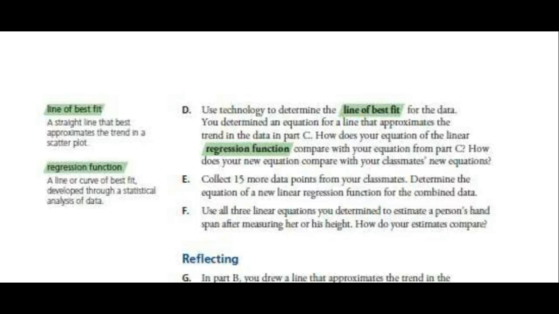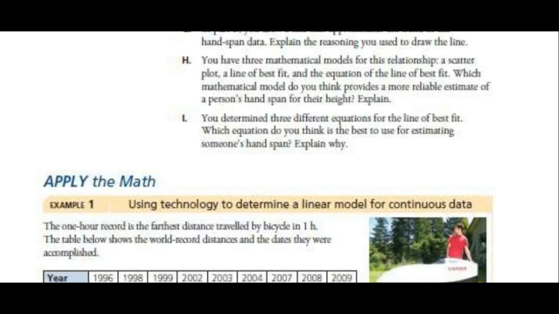And when you plot those, it's called a scatter plot because they're scattered on the plot. How does your equation of the linear regression function compare with your equation if we did a part C? Collect 15 more data points from here. If we collected more data points, we might get a tighter fit. Regression function, a line or curve of best fit, developed through a statistical analysis of data. Okay, that's what's happening there.